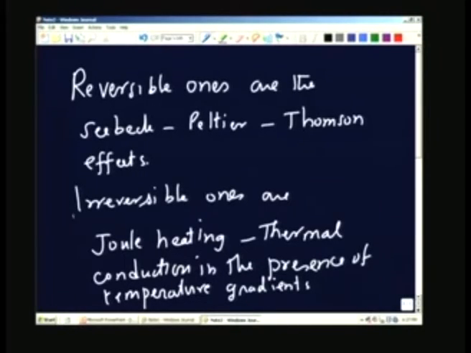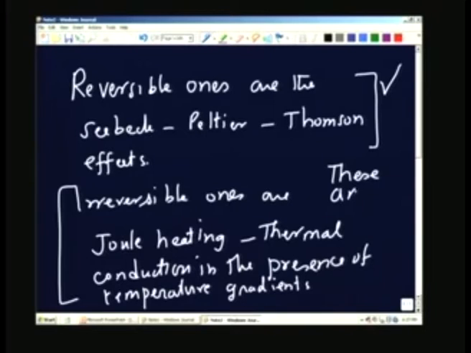So, these are the irreversible ones and these are the reversible ones. What we are interested in studying is these effects, assuming that the irreversible ones are negligible. Of course, in practice the irreversible effects are always going to be there, and they will create some problems for us, as we will see later on.